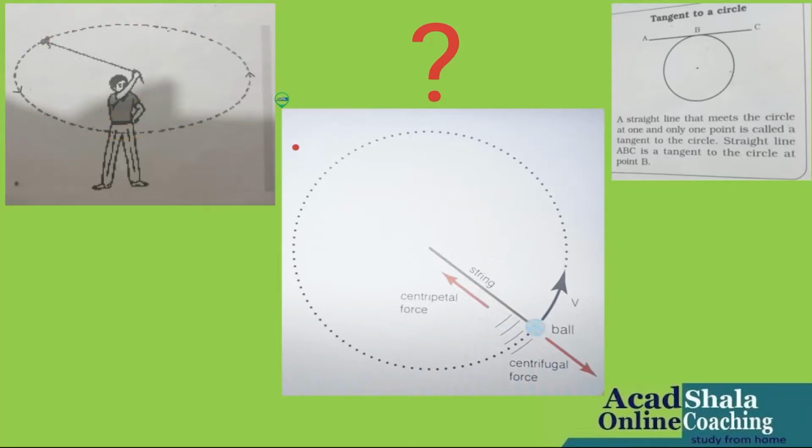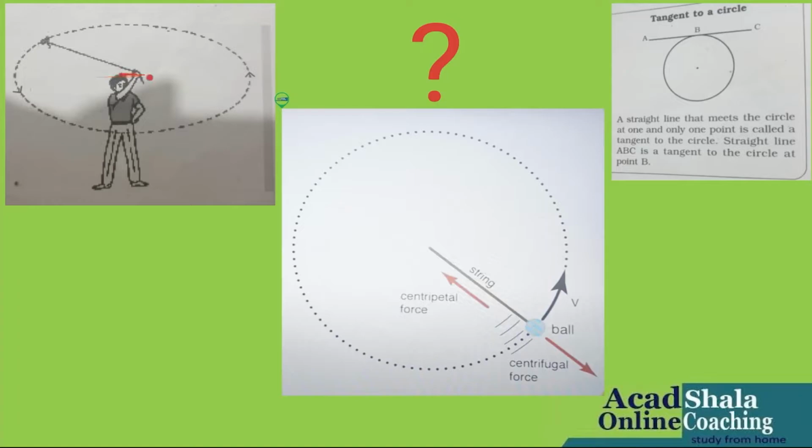The change in direction involves a change in velocity. Velocity or acceleration? Yes, absolutely correct. The force that causes this acceleration and keeps the body moving along the circular path is acting towards the center over here.